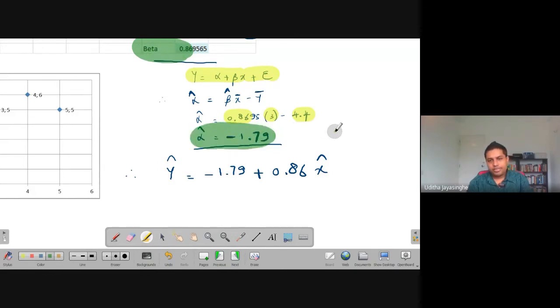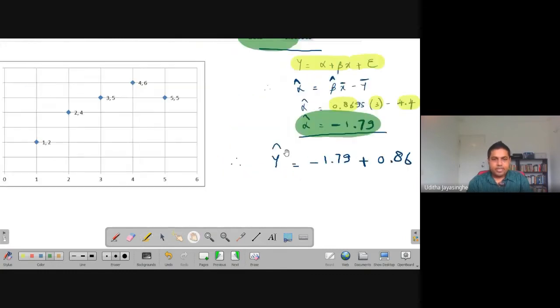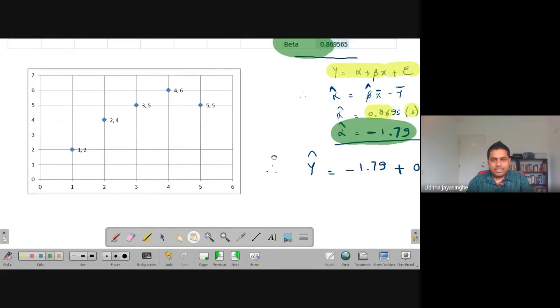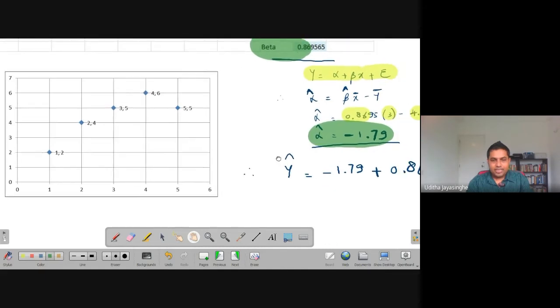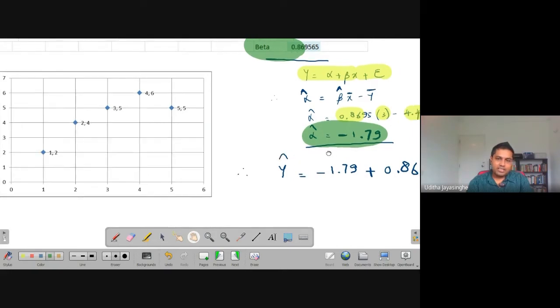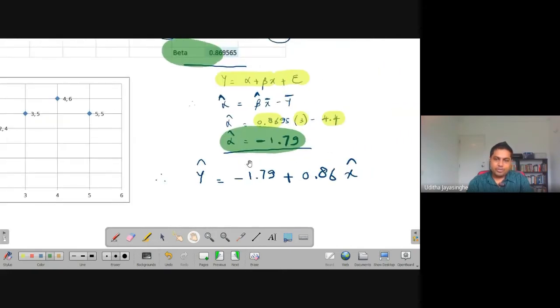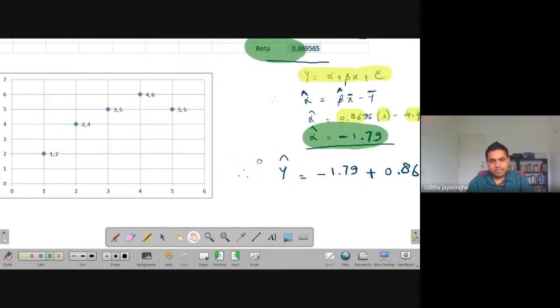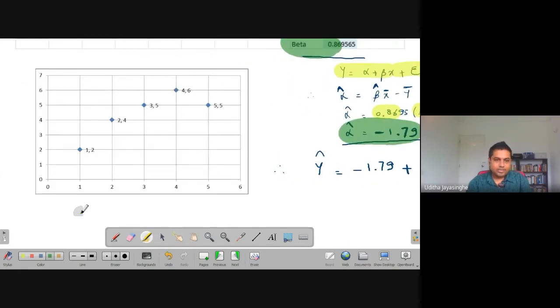negative 1.79. Now this is the particular line that I got, and for these individual points, once I do the line of best fitting, y is equal to negative 1.79 plus 0.86x is going to be a value something like this.